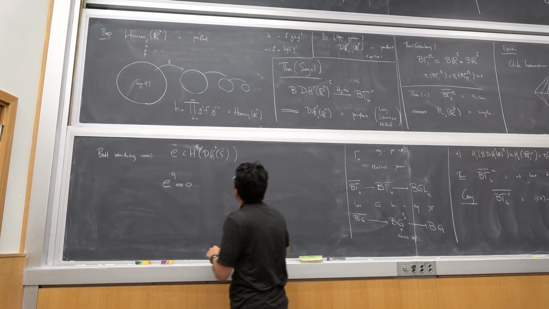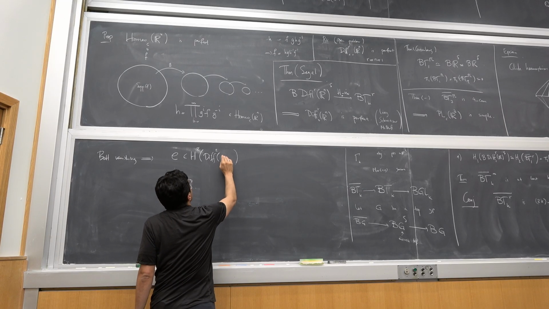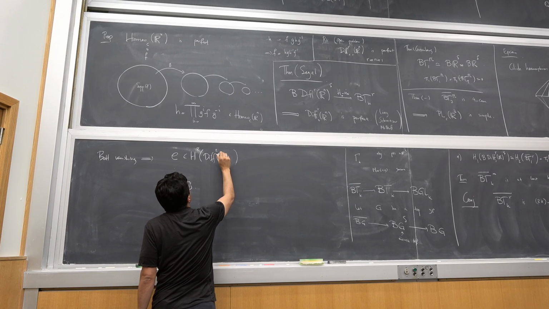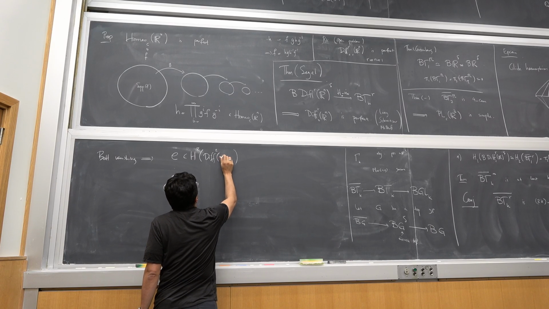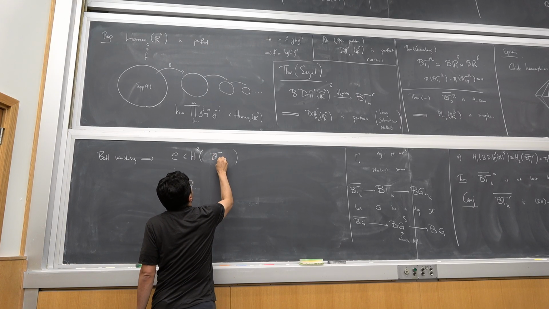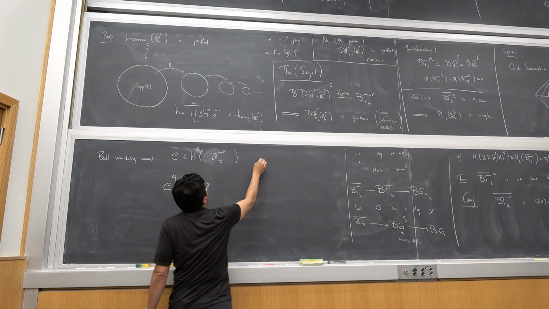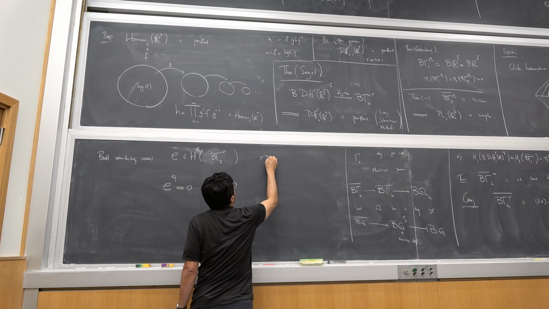Sorry, I should say I'm going to change this a little bit. Let me say H2 in B Gamma 2 C^r, r bigger than 2.